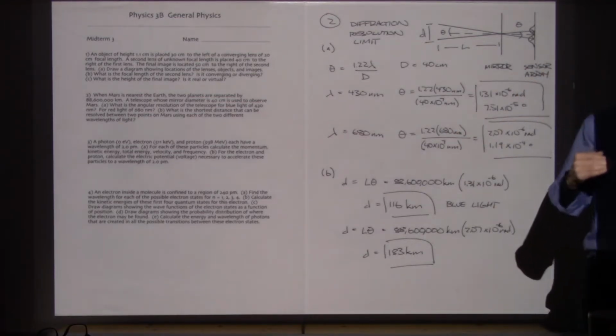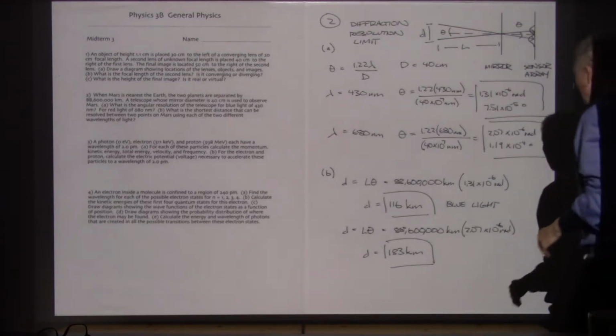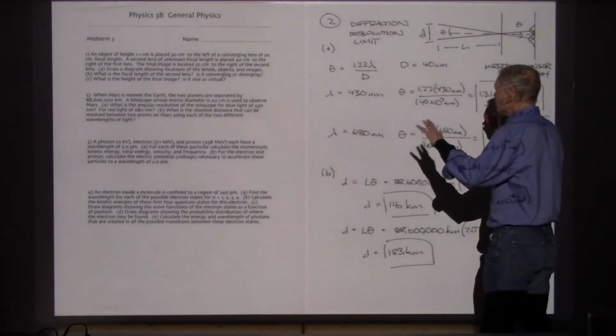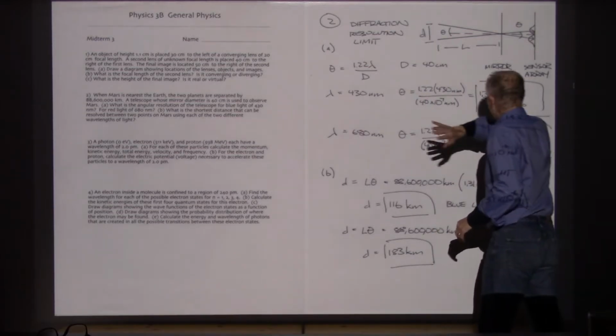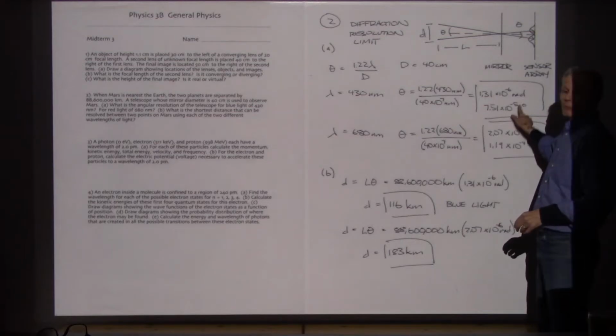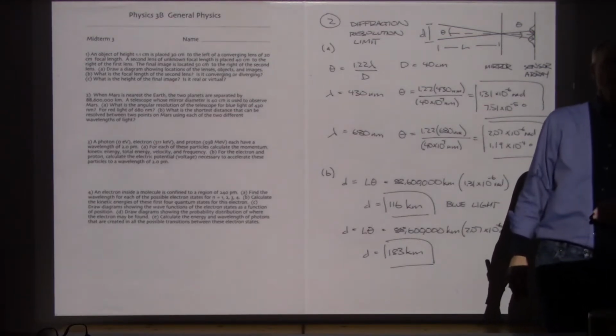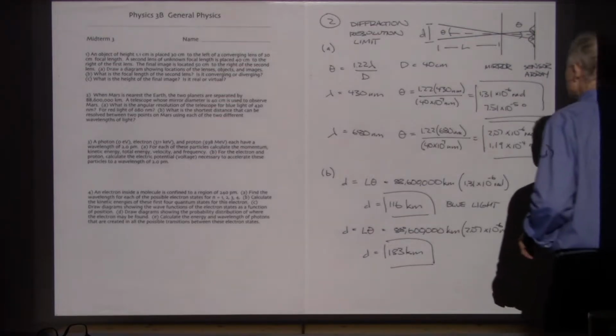The units have got to cancel out so that the answer is unitless. And as we've said from Physics 3A through Physics 3B, if I'm calculating an angle and the units all drop out, that means I'm in radians. Radians are the unitless unit. That's kind of a natural unit that things come out in.